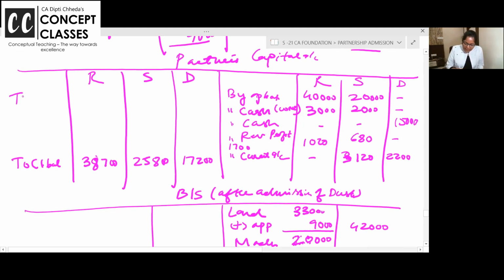And now this side, R's capital is extra. So he will withdraw and take it in his current account, 5320. Now you will get the totals correct.